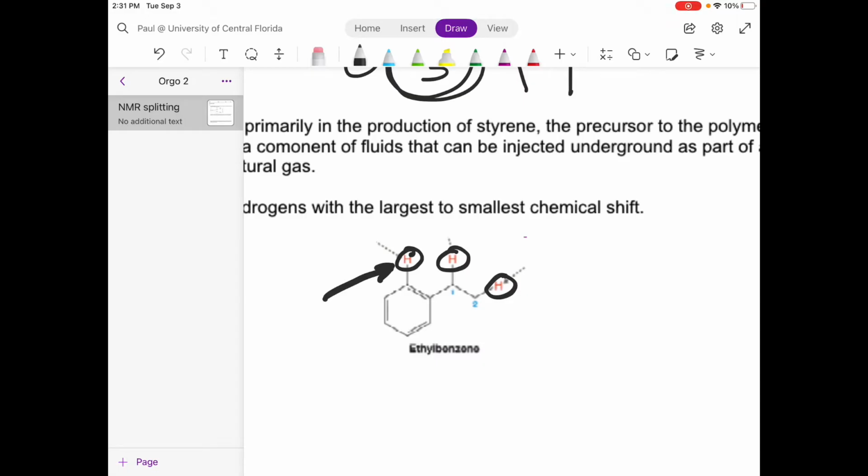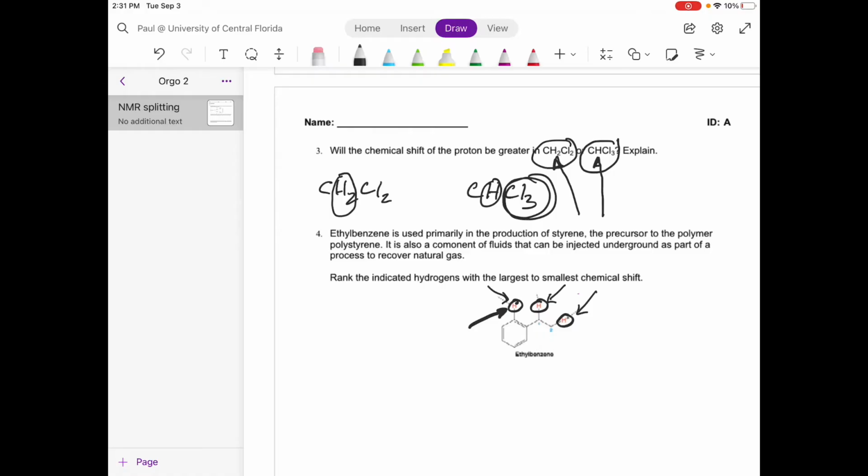And then as the protons get further and further away from that benzene ring, it just tapers off. So we would expect this one right here to be the furthest downfield, then that one, and then that one. Those are the relative chemical shifts. If you want to get numbers associated with those, then go back to the PowerPoint slide or the video where I showed you those chemical shifts.